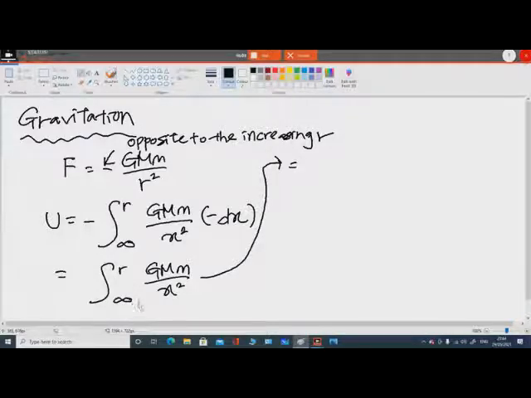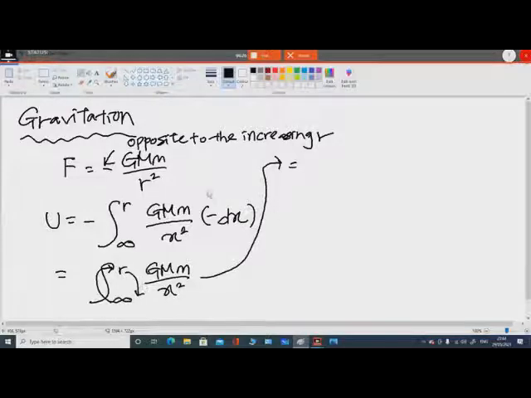Based on mathematics theory, we must convert this infinity to the upper part and the radius to the lower part, which means this r should be smaller and the infinity point should be bigger.